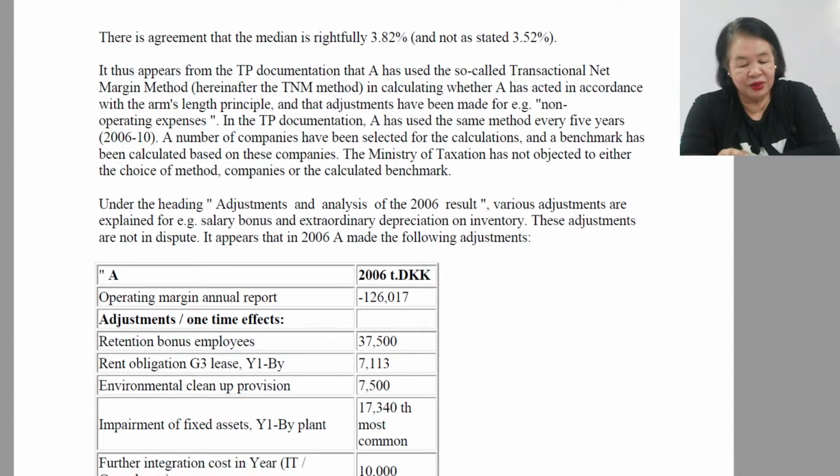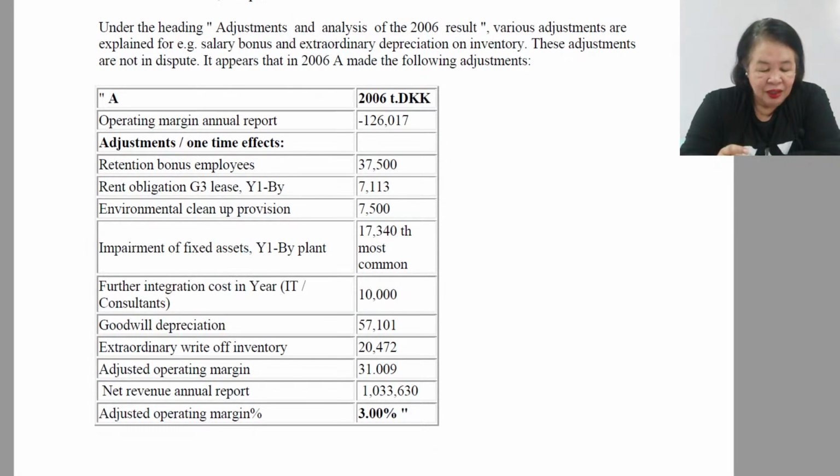Ito na yung 2006 na adjustments, no? Ni A. In Danish crowns, yun yung kanilang peso, no? Yung pera nila. Okay. So operating margin annual report negative, no? Tingnan mo negative. How much is the negative niya? 126,017.